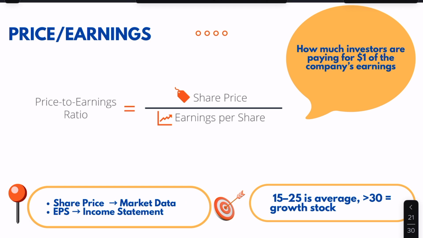As a benchmark, 15 to 25 is a good average for PE, and if PE is above 30, there are high growth expectations from the stock. High PE doesn't always mean the stock is overpriced. It could reflect high growth expectations.